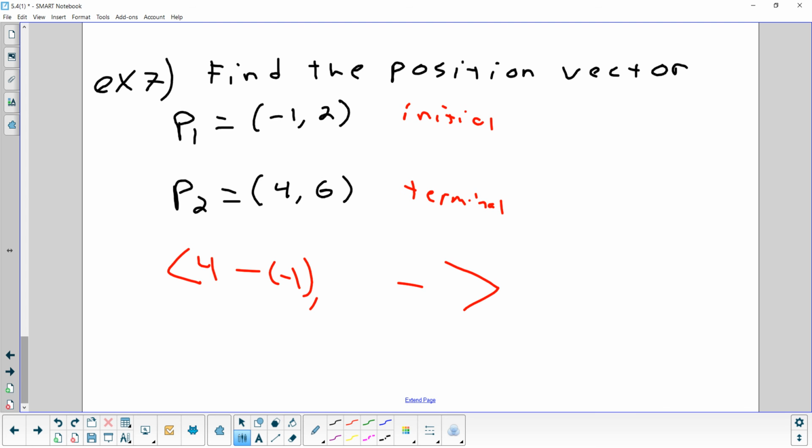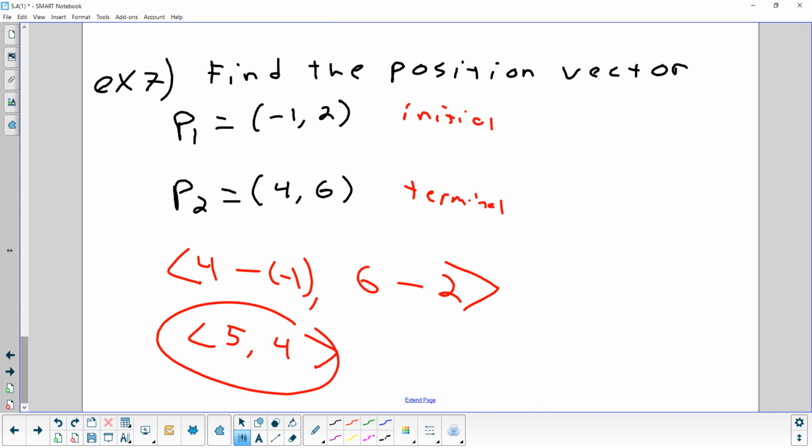And what about to get the vertical component? 6 minus 2. All right. And how about Lacey, 4 minus negative 1? What does that give me? 3. That would be 4 minus 1. Oh, 5. So we get 5. 6 minus 2 is 4. And there's your answer.